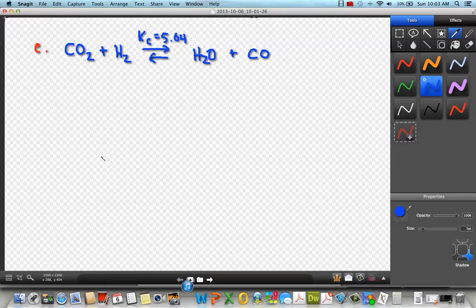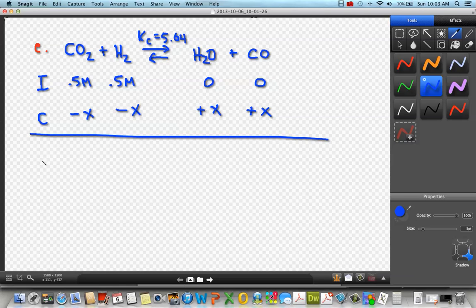To save time, I'm not going to place those initially. We know that we have 0.5 molar CO2, 0.5 molar H2, and of course no established products. The change, and at equilibrium.